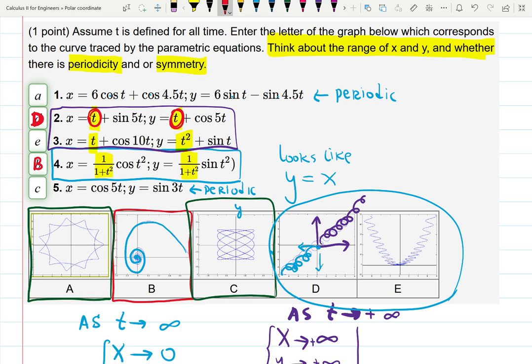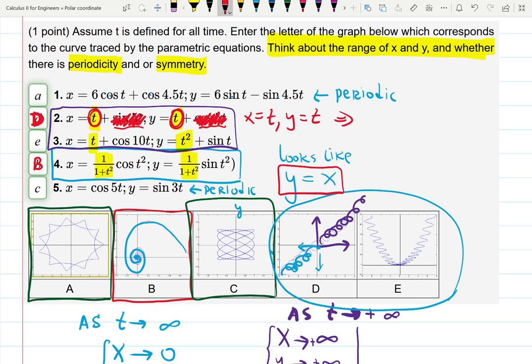Make sense? Also, remember that sine and cosine are restricted between -1 and 1 or whatever number it is. So they don't make a big change, but t blows up. Also, doesn't it look like x equals y anyways? If I imagine that these cosines and sines do not exist, I will have x equals t, and then y equals t.